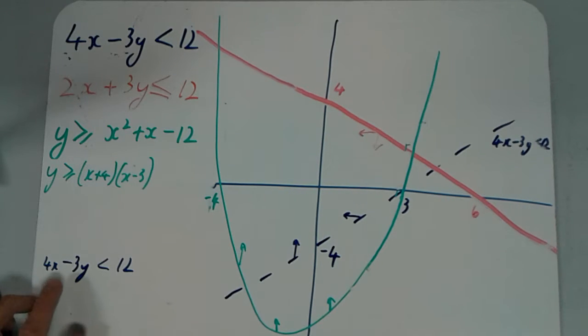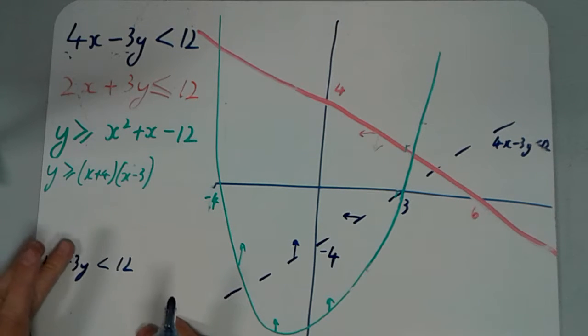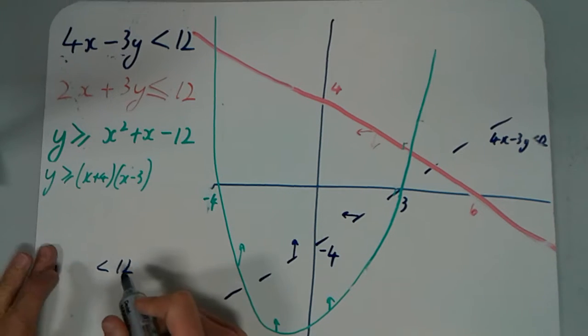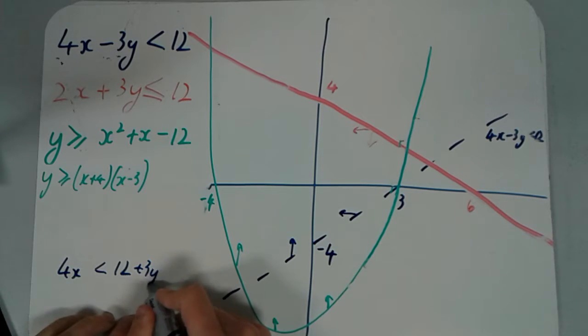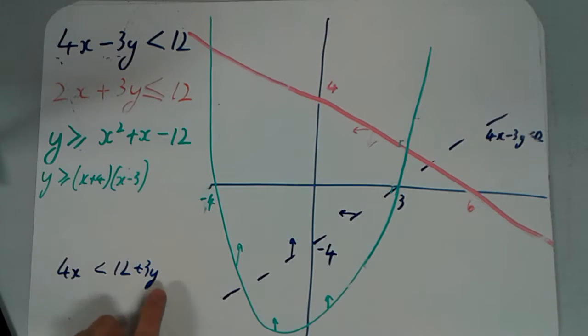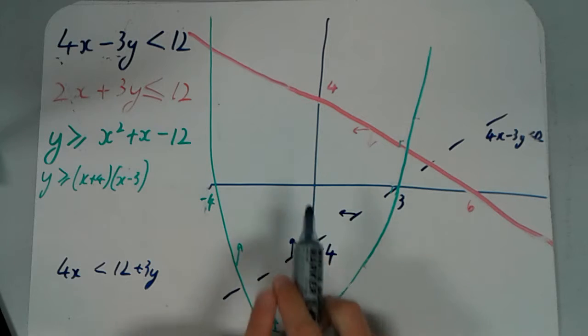You could also consider this by, if we rearrange this equation to put the 4x plus 3y, you may find it useful to make all of your variables have positive coefficients. Now when we look at this, we can see that y is on the greater side of this inequality, telling us we want the region above.